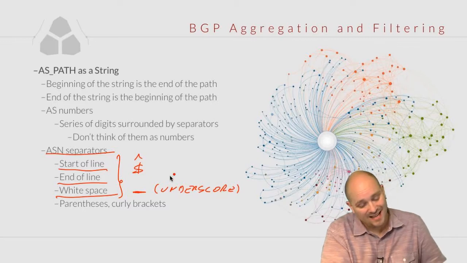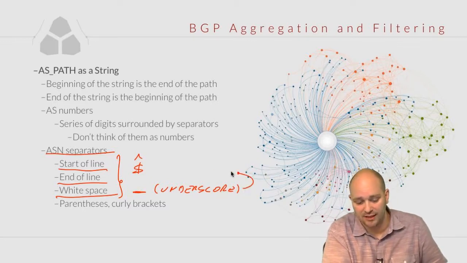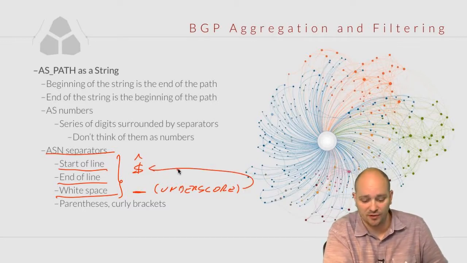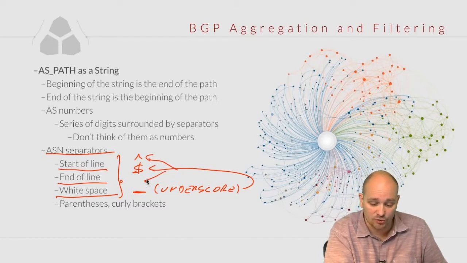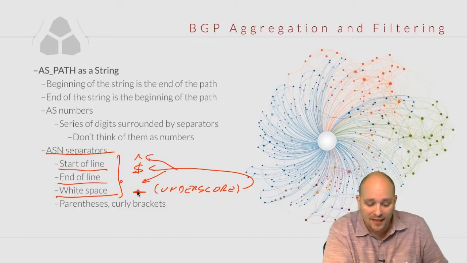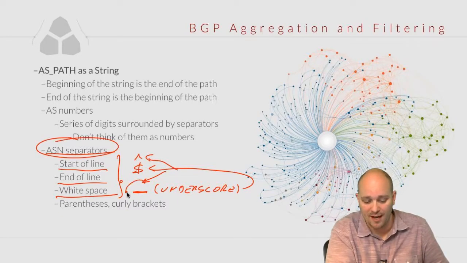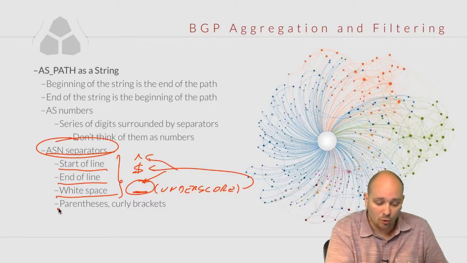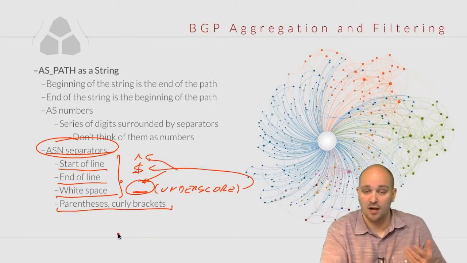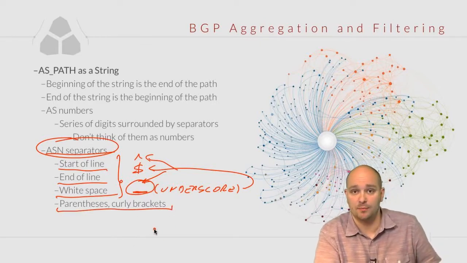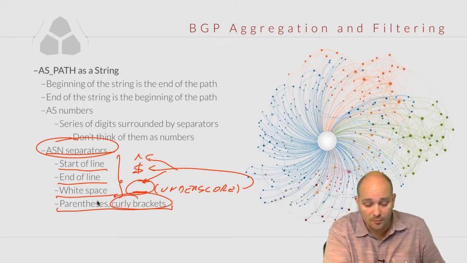to match for space. There is a side effect of underscore that it is actually going to match the end of the line and also the caret and also the white space. But anyways, we can use it to match any separator. So any separator will be matched by using the underscore. But also we can have other separators, like parentheses in a case of subautonomous system numbers if you are using the confederations, or curly brackets.